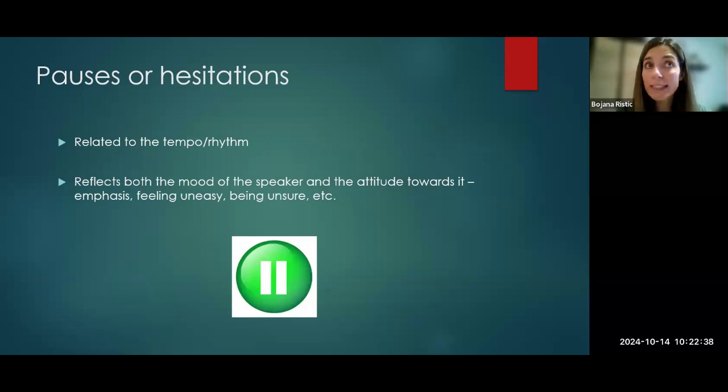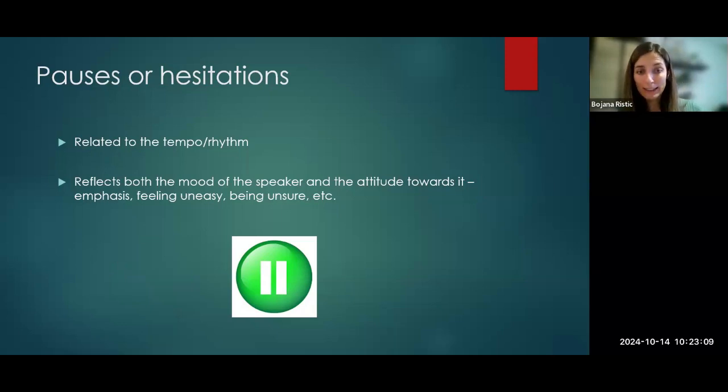Related to that are pauses or hesitations or even silences, longer silences in speech. This reflects the mood of the speaker a lot. It can mean that what I'm going to say next is very important for me, so I'm preparing for it. But it can also mean that I am feeling uneasy, so I don't know what to say, or I am unsure about what I'm going to say, right?